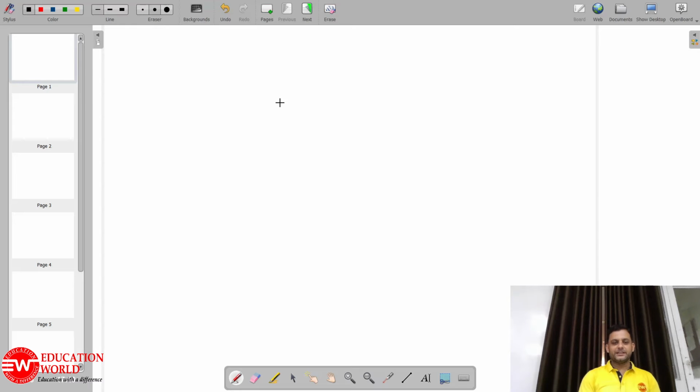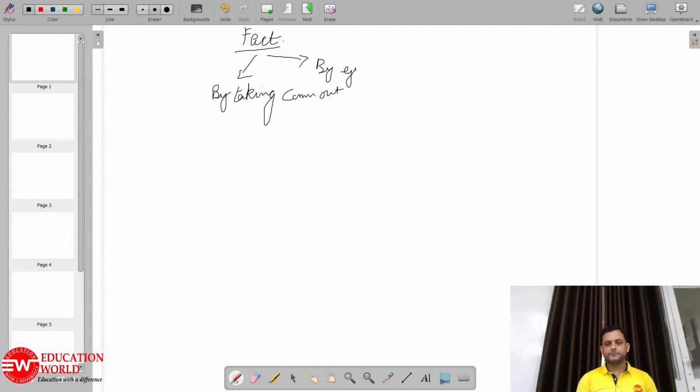So students, yesterday what we have discussed? We have discussed factorization by using two methods. One is by taking common out, another one by grouping method.